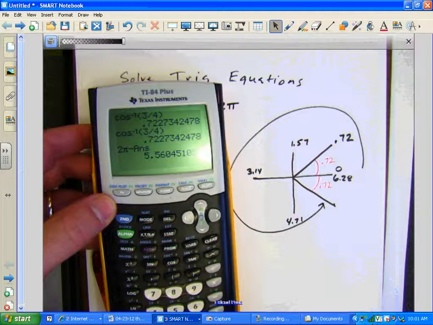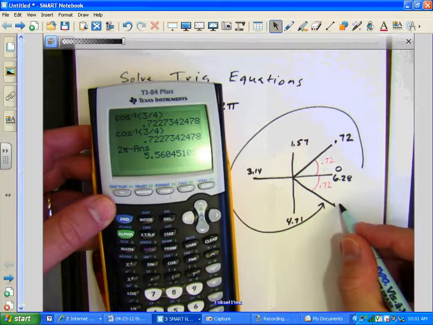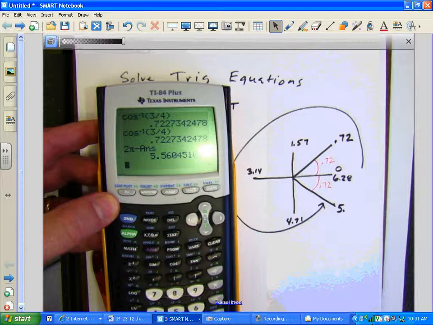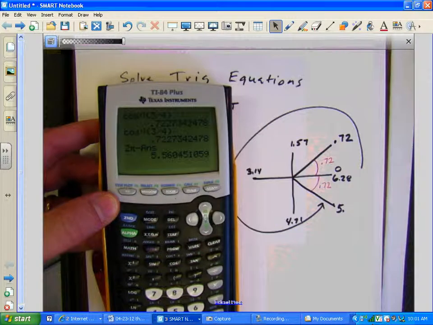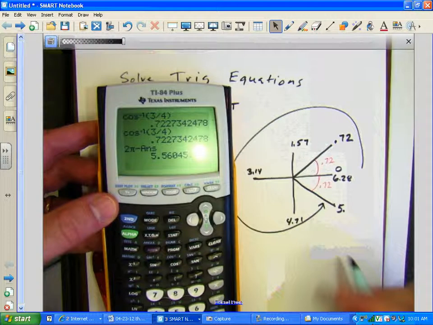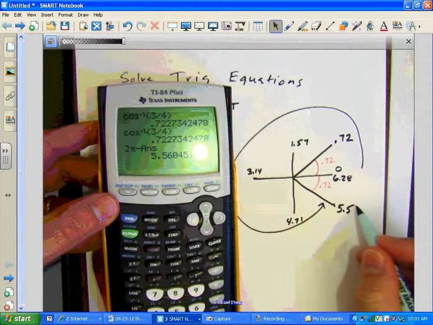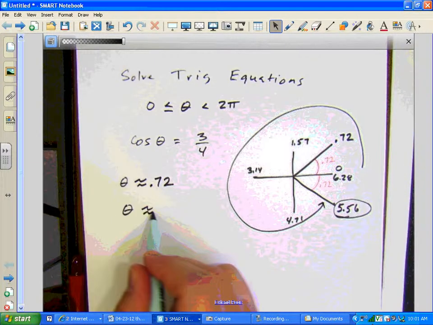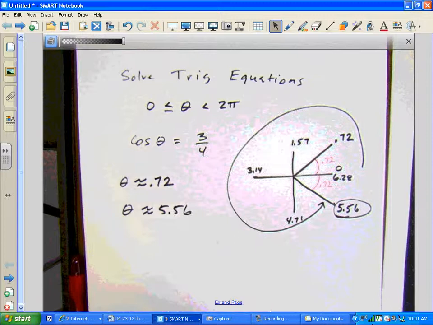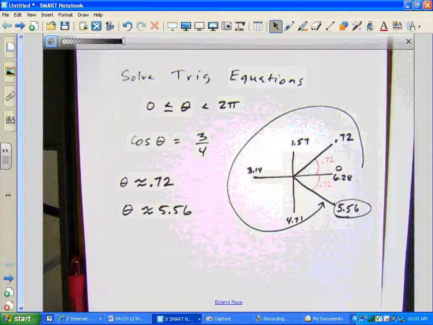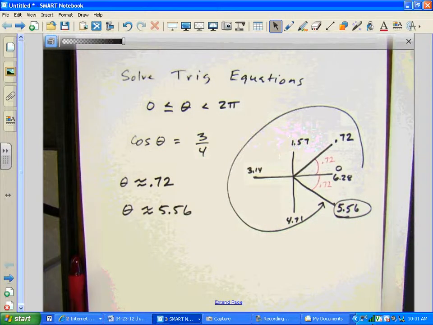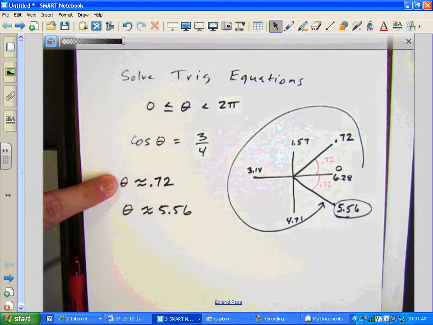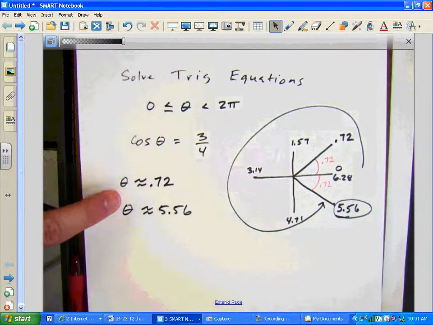This angle in standard position is now about 5.56, and that's my other answer. So theta is also about 5.56. Usually, nobody's going to miss that first answer. I mean, just throw it in the calculator. That's it. But you've got to figure out this other angle.